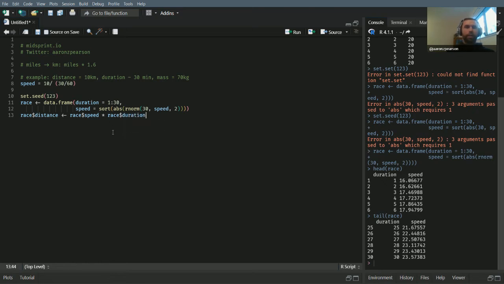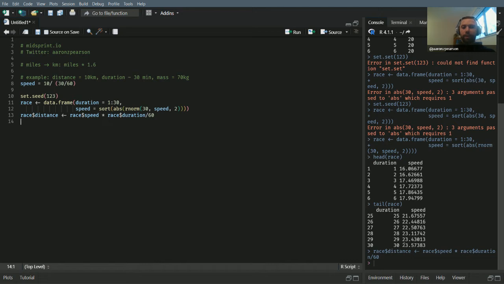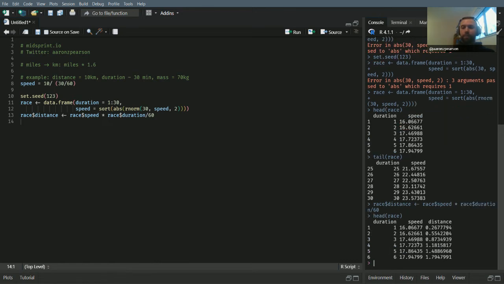But we're going to need this in hours and not minutes. So race duration over 60, because there's 60 minutes per hour. And again, we'll look at what our race data frame looks like. And there we have it. So distance is how far they've traveled over time, and we see that it increases with speed.